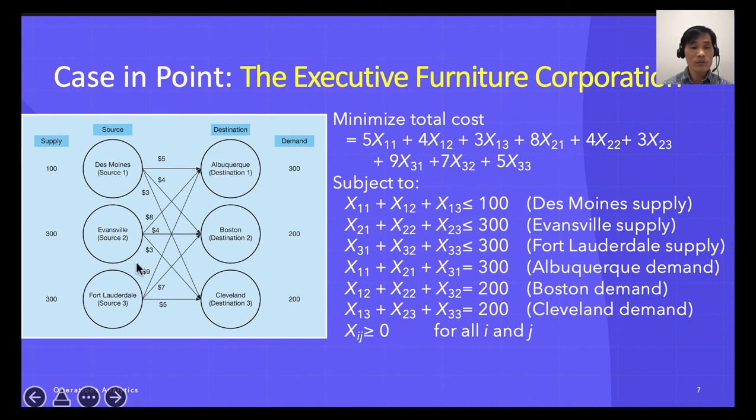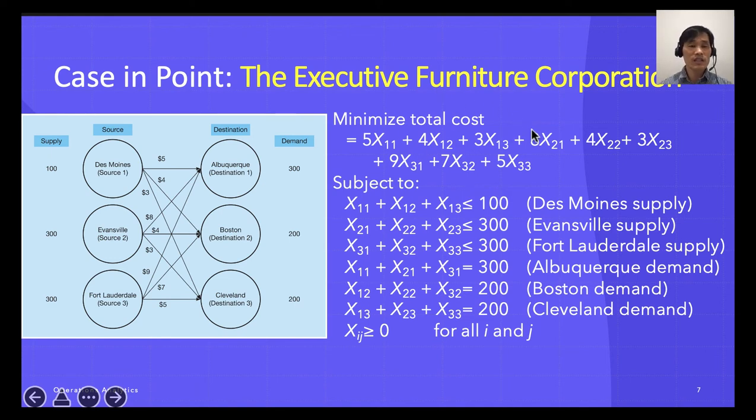In the same way, from Evansville to destination 1, it takes $8, and then $4 and $3. And lastly, the third one, $9, $7, and $5. So that transportation cost is given there, and we want to put it into the minimization function.